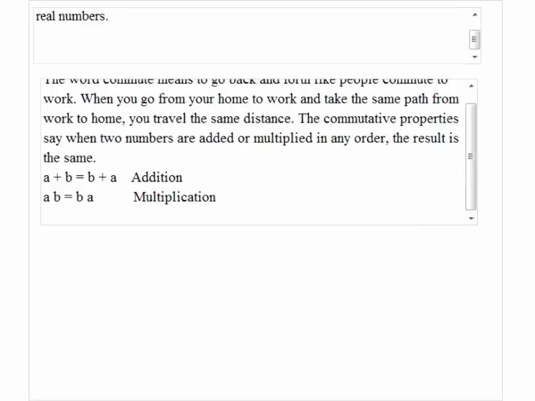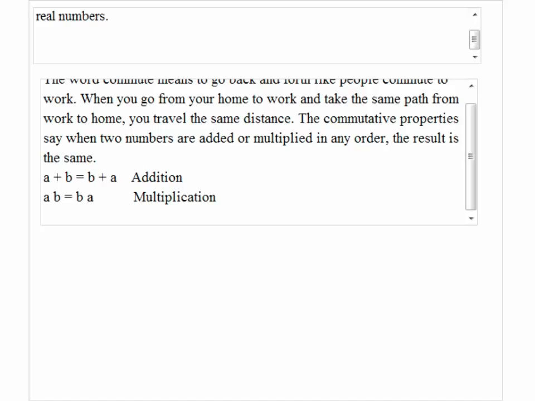Give an example of commutative property for addition and multiplication of real numbers. The word commute means to go back and forth, like people commute to work.